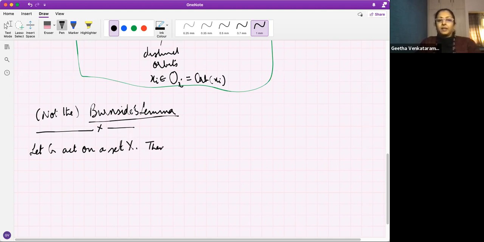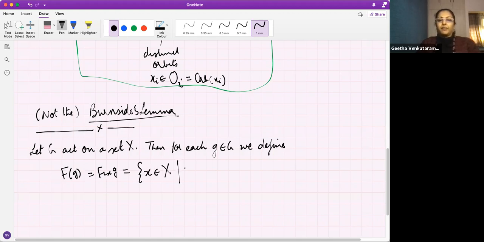Then for each g in G, we define Fg, also called fix g. It's the collection of all those x in X which are fixed by g. That's just the definition.